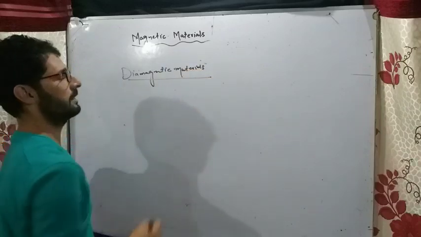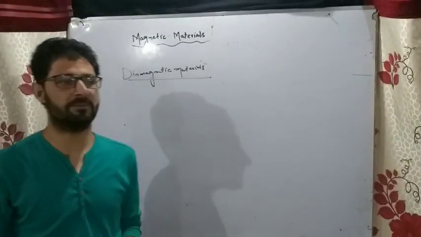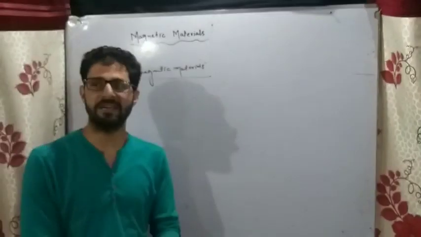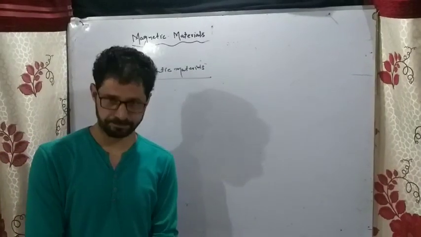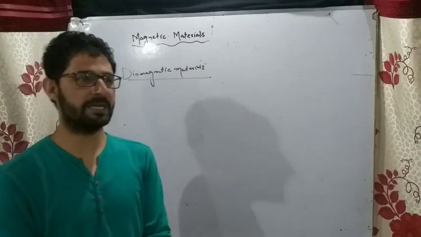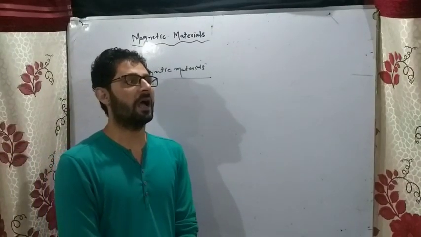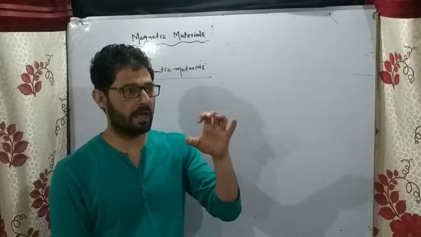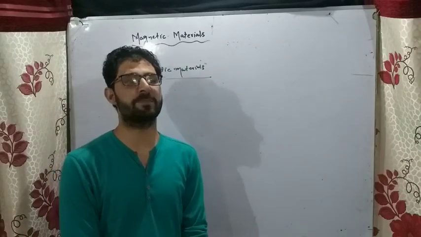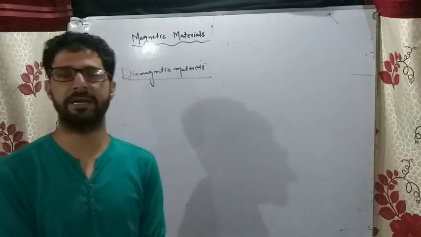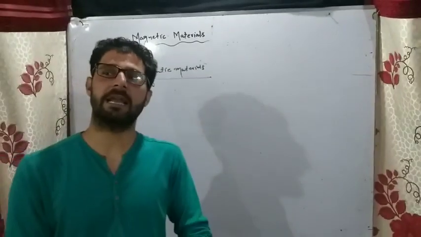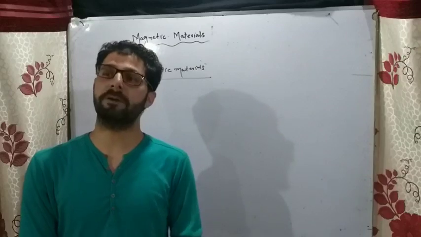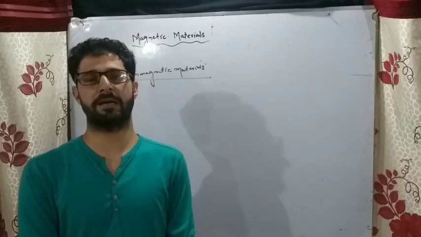Properties of diamagnetic materials. First property: they are weakly repelled by the magnet, or weakly magnetized in the direction opposite to the direction of the applied field. And the second property is that a freely suspended diamagnetic rod sets itself slowly perpendicular to the direction of the applied magnetic field.